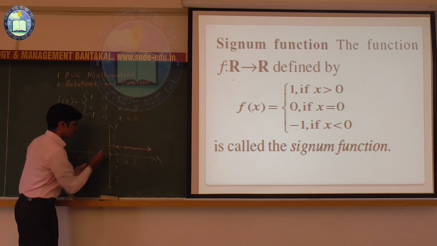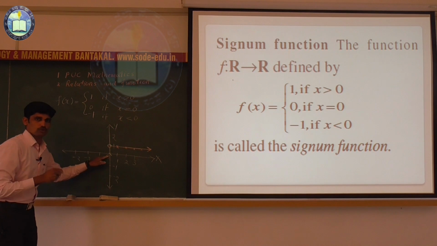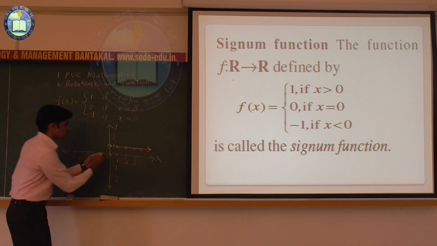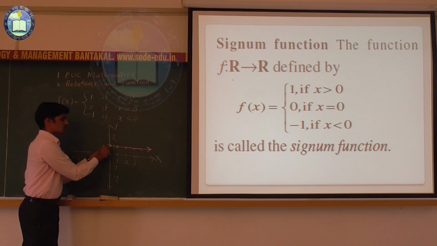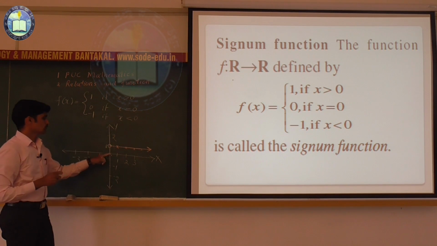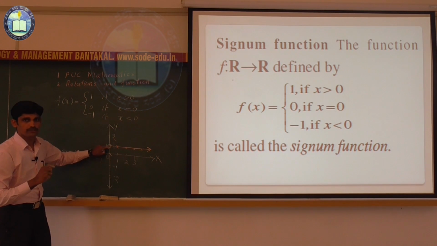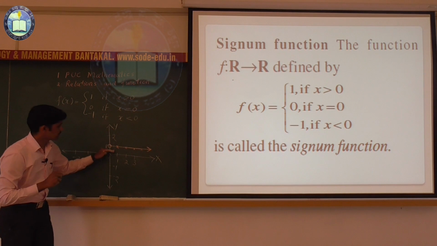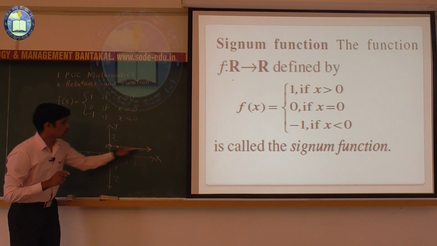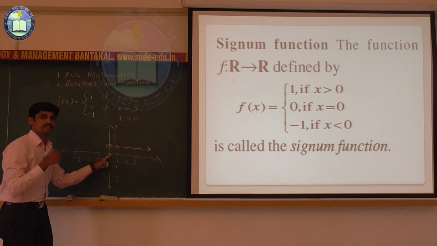Therefore here we have to write a small circle indicating that when x equal to 0, this is not the value. For all x greater than 0, 1 is the image. Therefore, we have to write a small circle, excluding that point. Okay? The value of the function f of x is 1 for all x greater than 0.